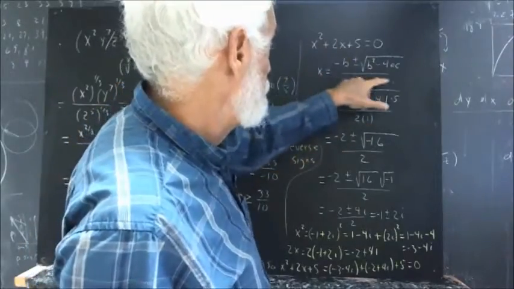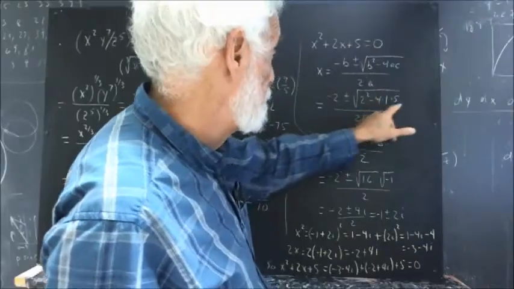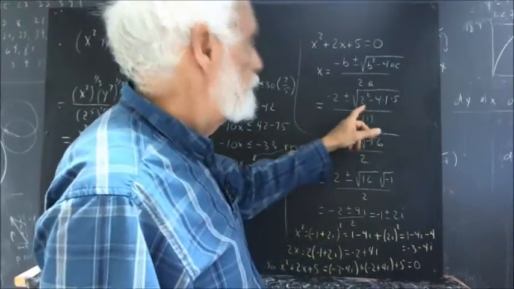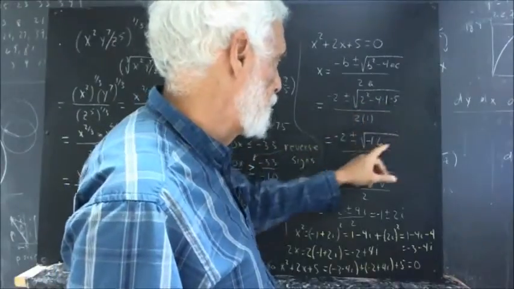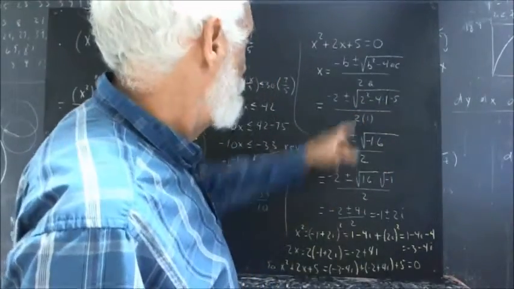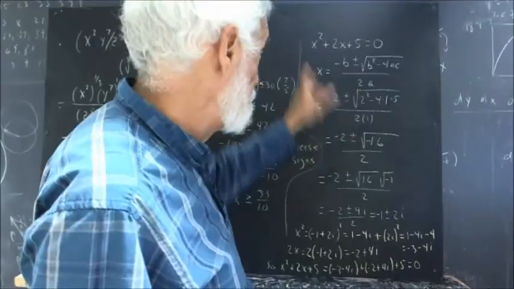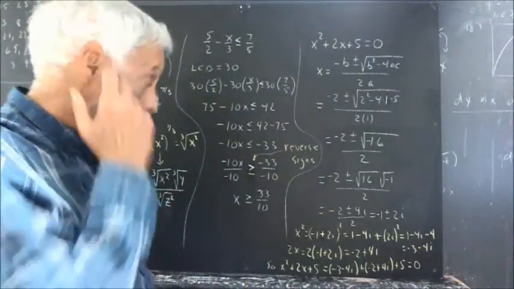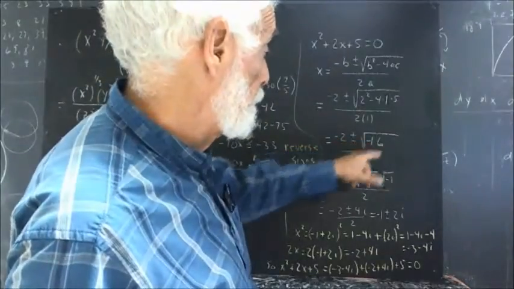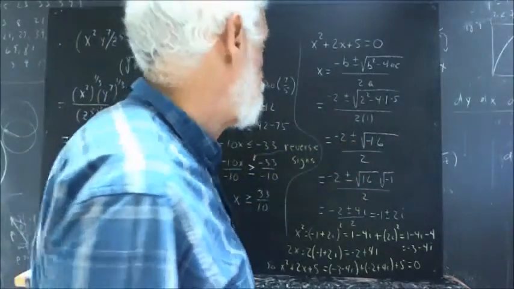And 4ac is 4 times 1 times 5. So 4 minus 20 is negative 16. And the 2a is just 2 times 1 because the coefficient of x squared is 1. So we get negative 2 plus or minus the square root of negative 16 divided by 2.